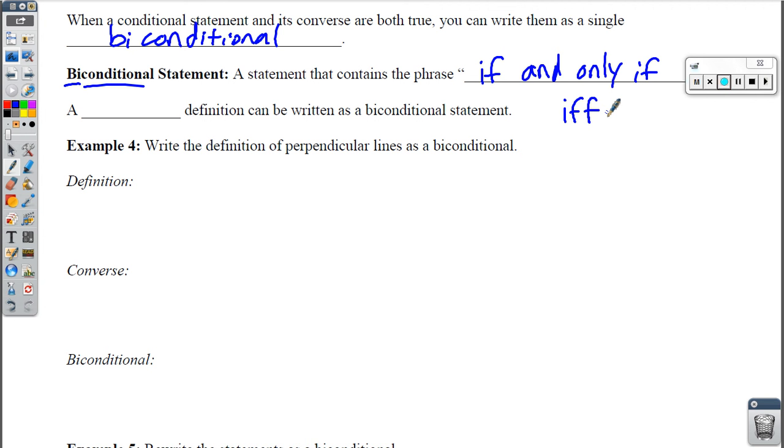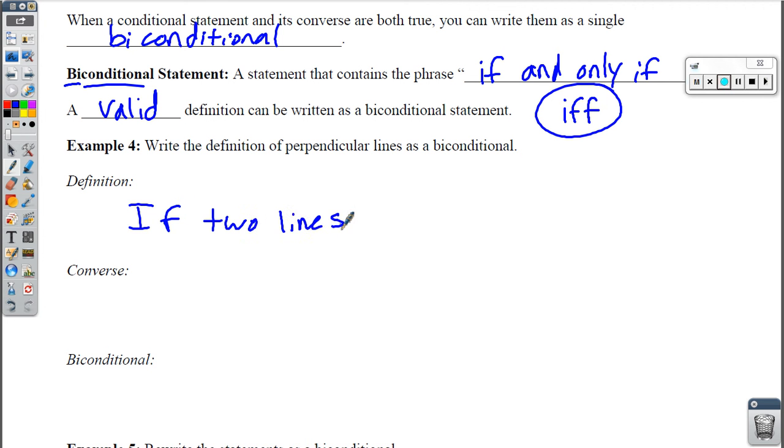If you write it like that, that's a good way of saying if and only if. A valid definition, like we talked about earlier, can be written as a biconditional statement. So again, the definition was if two lines are perpendicular, then they meet at a right angle.